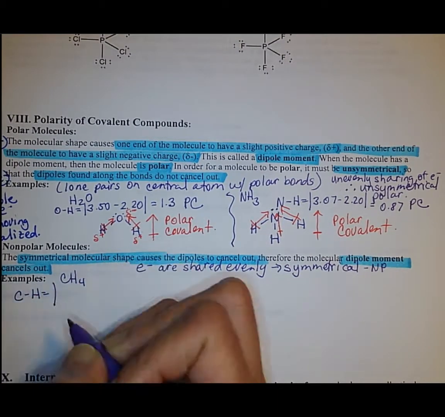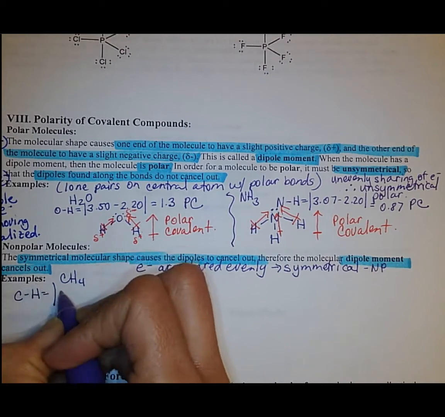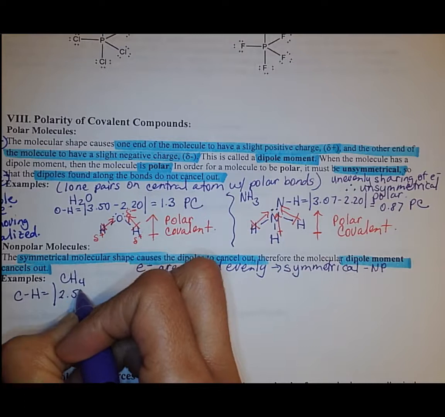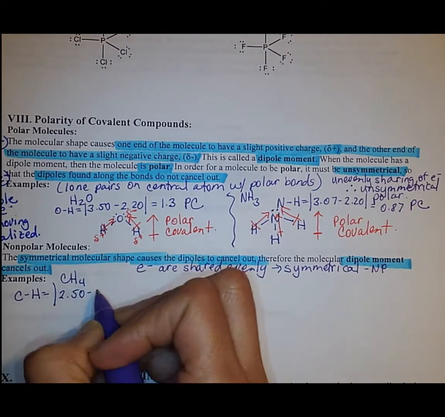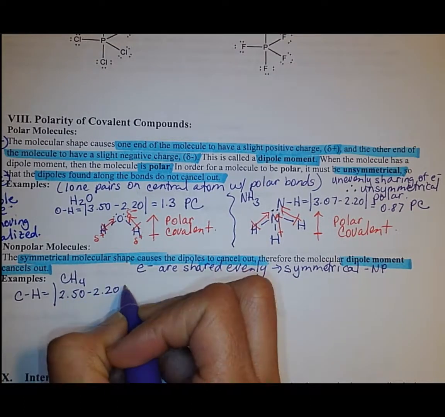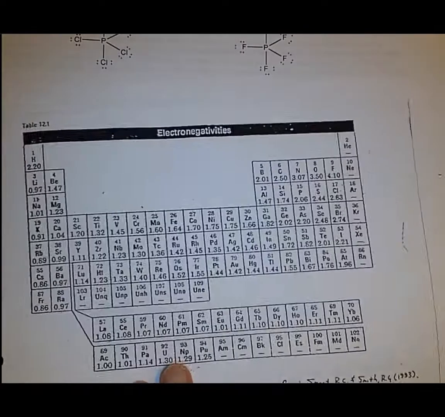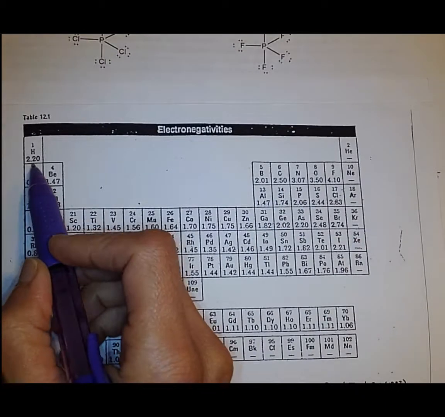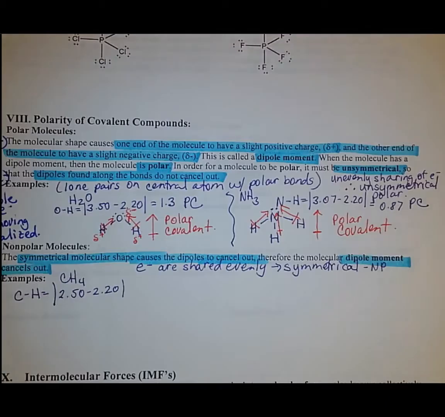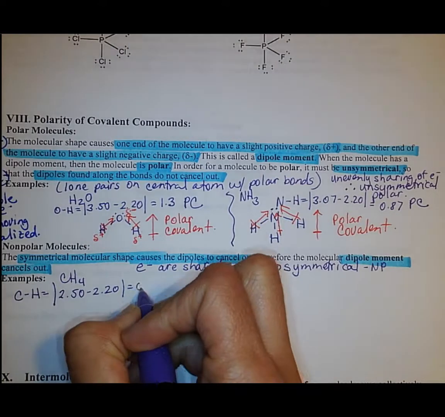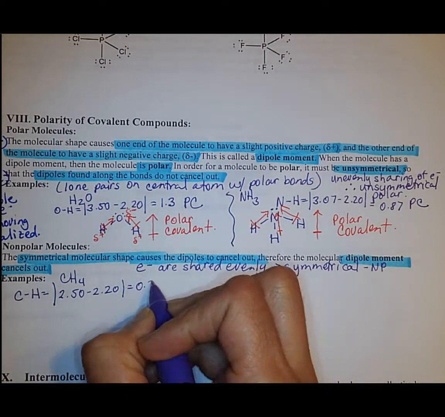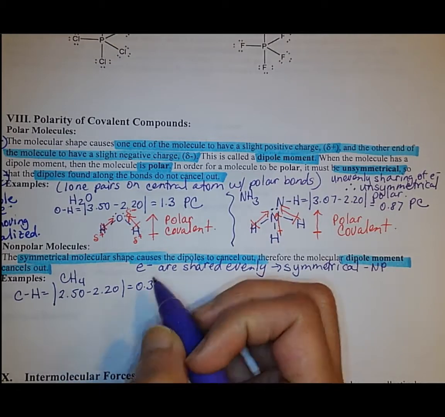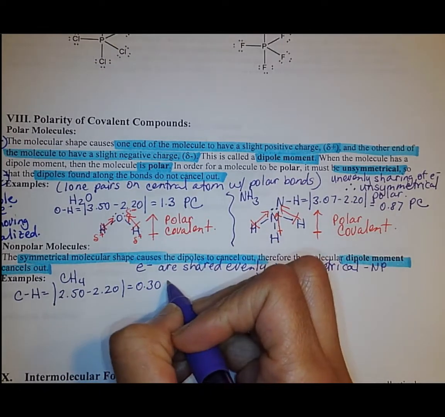We're going to use our electronegativity chart, and when you do, you're going to see that carbon is 2.50 minus 2.20. When that happens, it comes out to be 0.30. And if you look at your electronegativity chart, which you're supposed to memorize, you will see that this is a nonpolar covalent molecule.